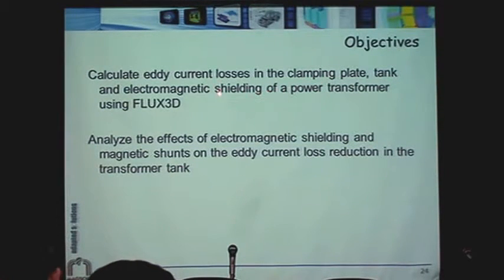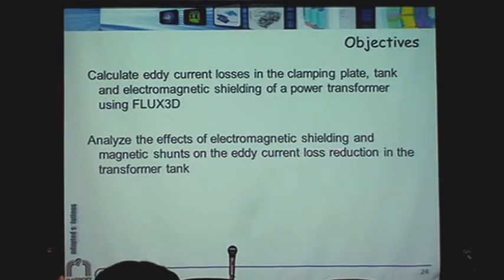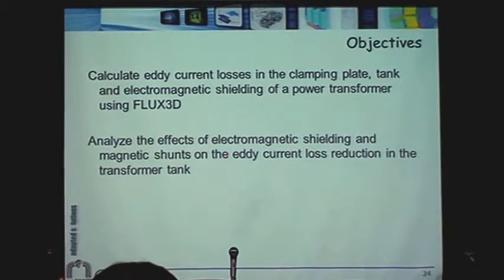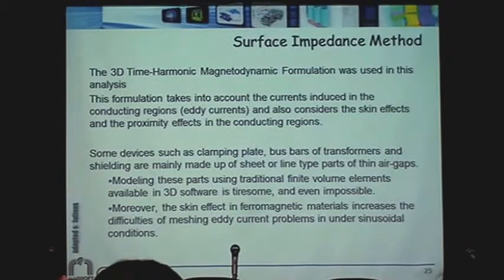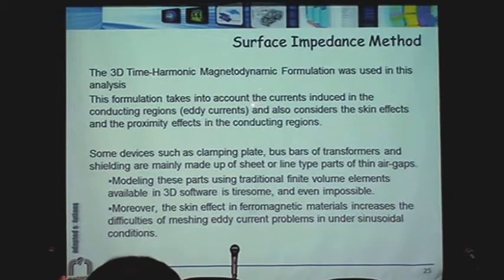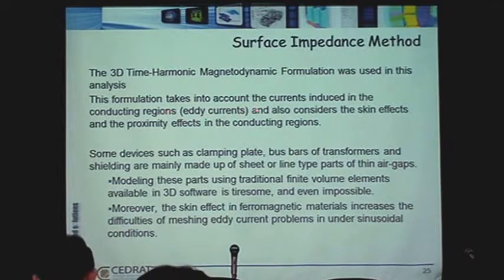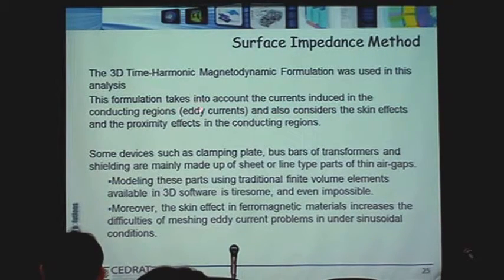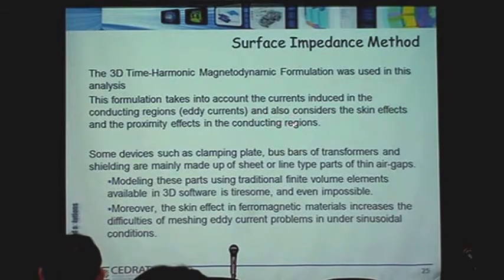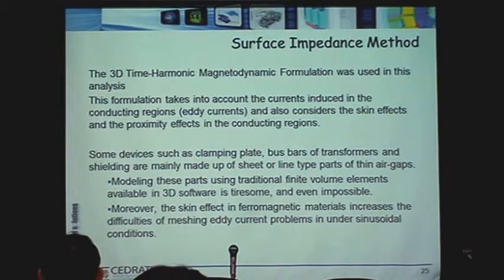Here, that's just telling you how we computed all of those losses. And what we are going to do is analyze those shields. So let's go forward. We did the 3D time harmonic simulation, and I do believe we have conducting, but this is with surface impedance and things like this.